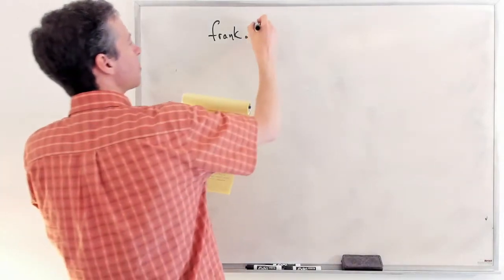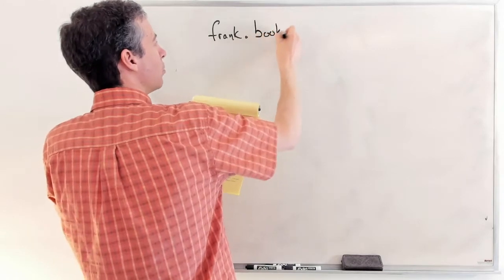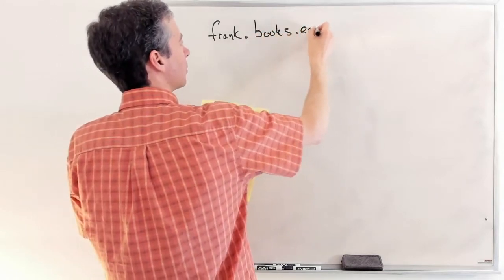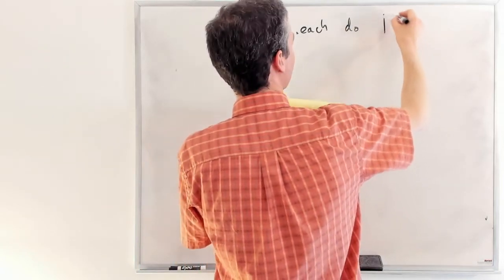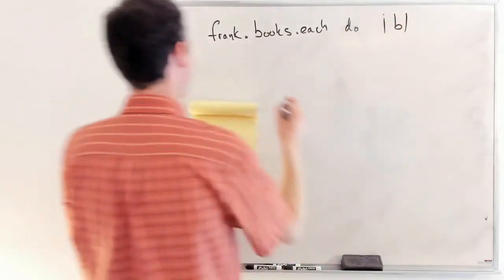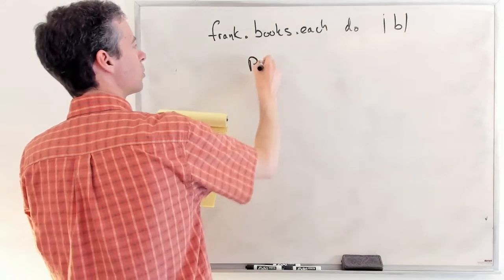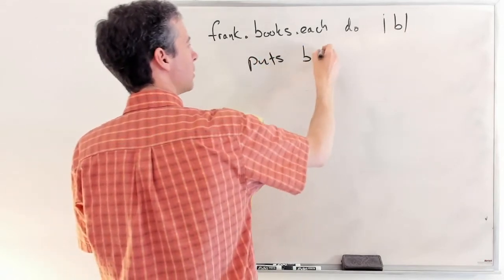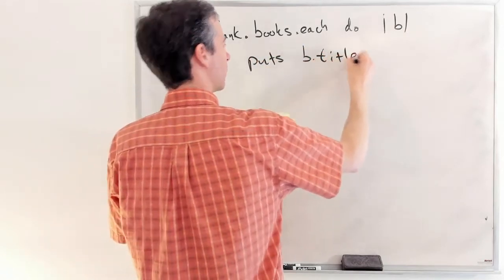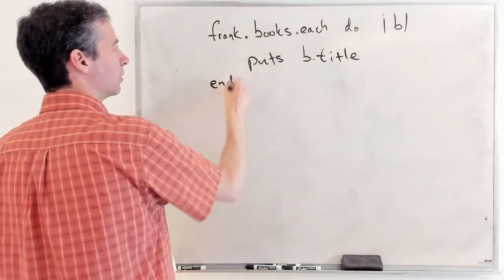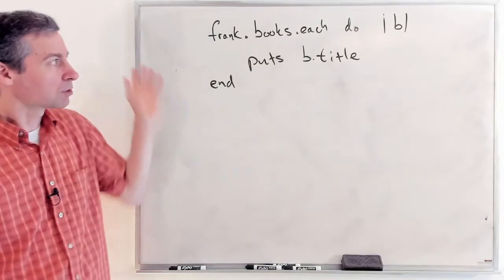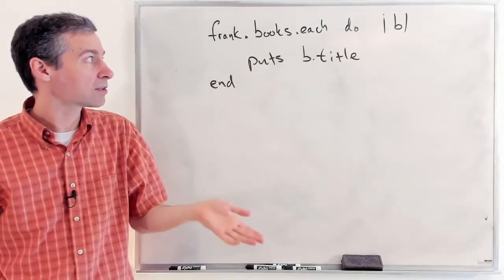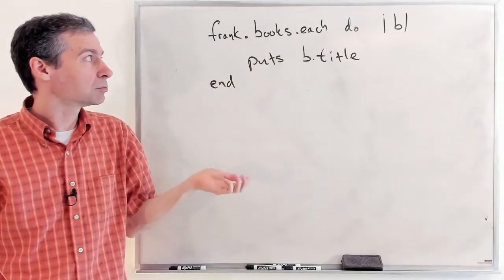So wouldn't it be nice to be able to say frank.books.each do |b|, and then let's print out all of the titles that Frank Herbert has written in our database. To be able to write code like this, pretty neat.